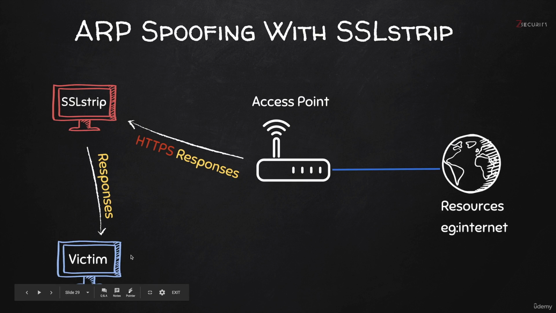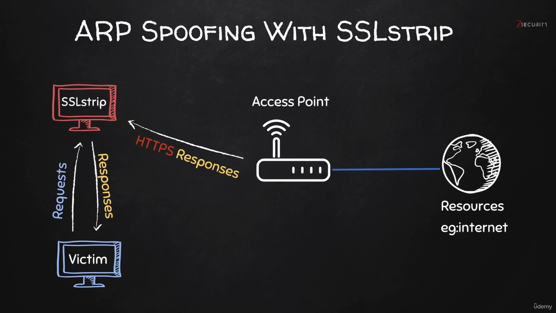Now, so far the victim doesn't know that the server can communicate over HTTPS, therefore it'll send its next request as a normal HTTP request. Now here's where SSL strip is smart, because it's going to keep track of all the websites that have sent an HTTPS response. So even though the victim is going to send the HTTP request when it's communicating with bbc.com, SSL strip knows that bbc.com likes to communicate over HTTPS.